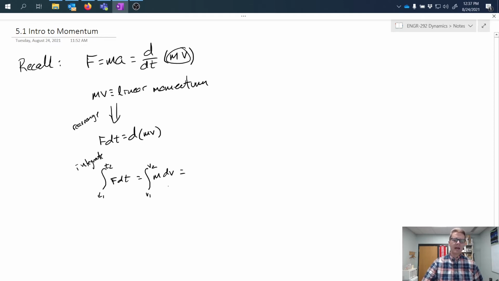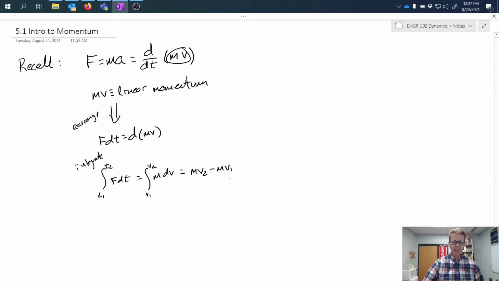The right hand side I can evaluate and end up with mv2 minus mv1, and I'm going to leave the left hand side for now.